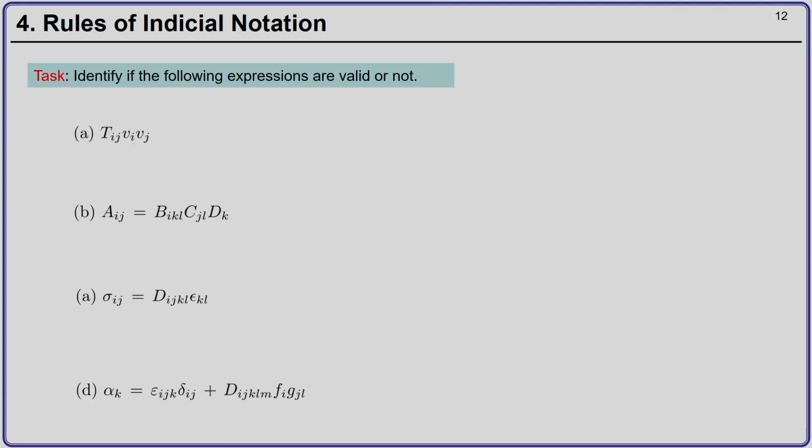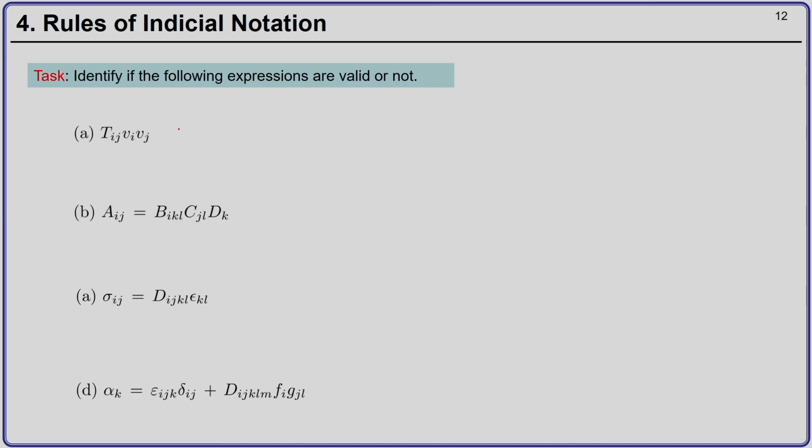Okay? So, with this we move to a few examples, and there are 4 examples, and we wish to identify whether these expressions are valid or not. The first is T_ij V_i V_j, whether this expression is valid or not.